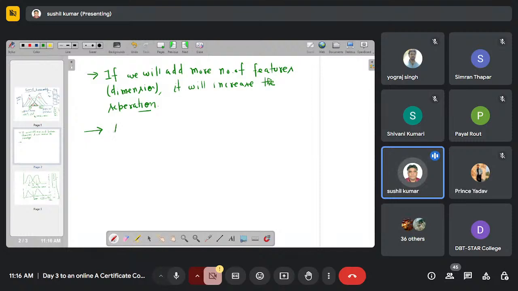And the second statement, if you are from a computer science background, you should know about it. Increasing dimensions. Here, if I am increasing the dimensions or the features, both are the same thing here, what can it increase? Yes, anybody can answer what it can do.